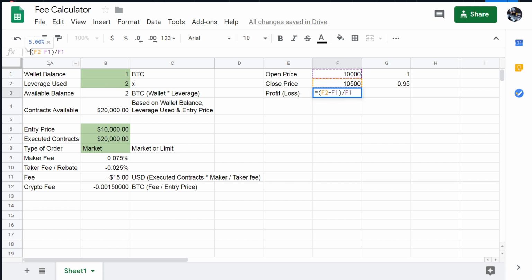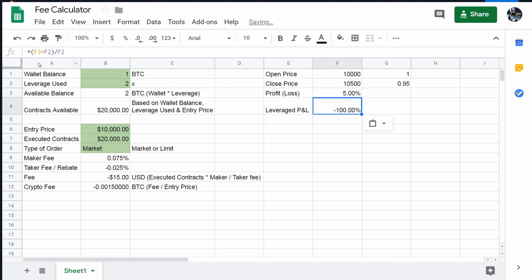So let's go ahead and change our formula here. We're going to do leveraged P&L. Whenever you see P&L, that stands for profit and loss.